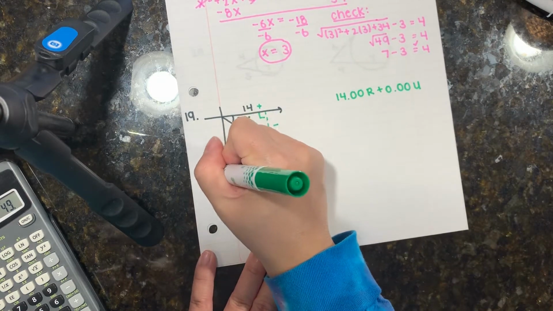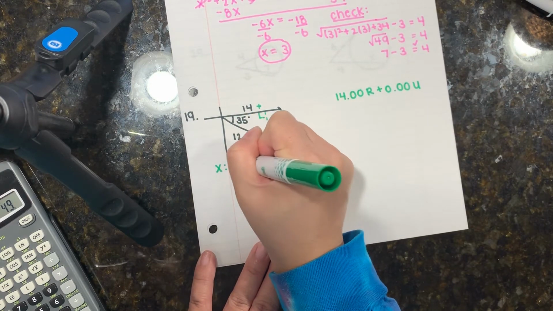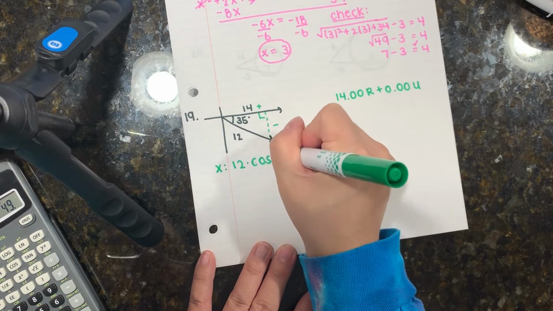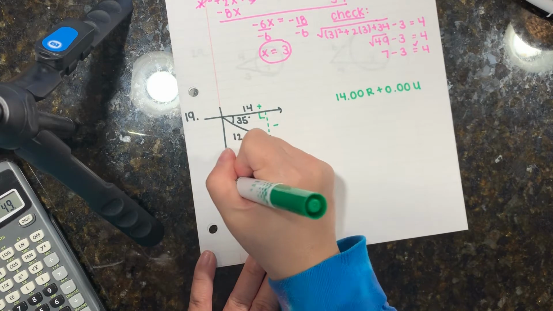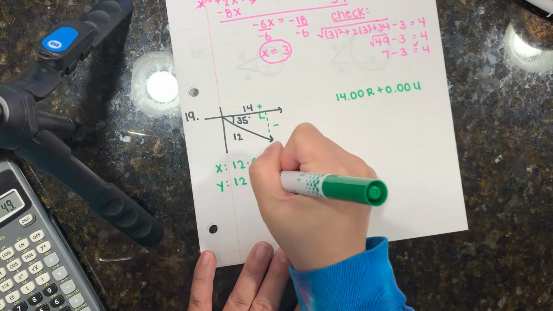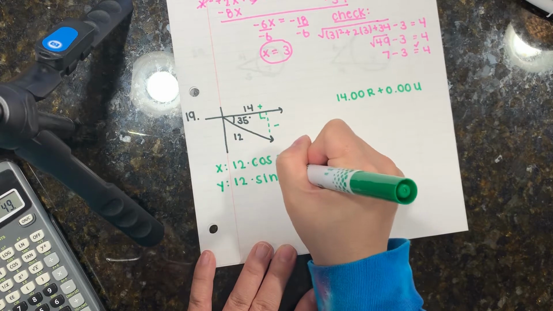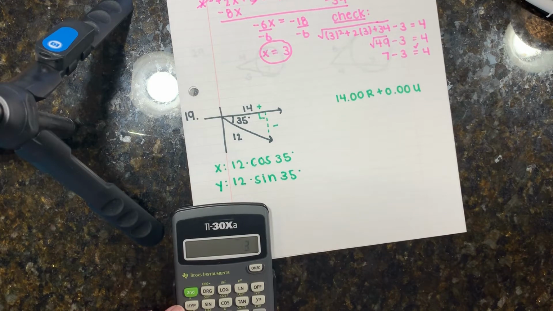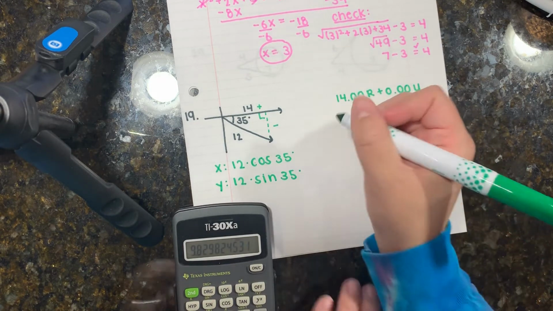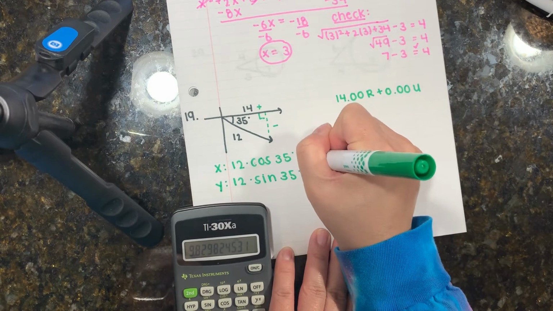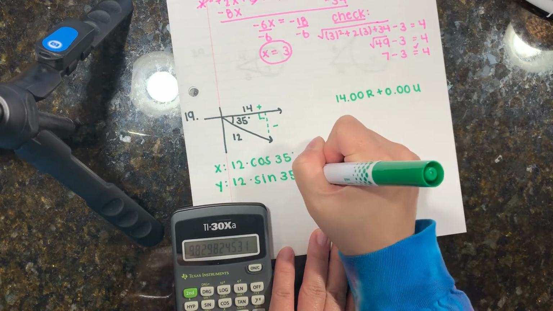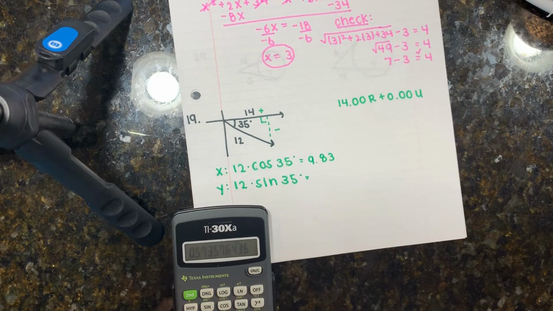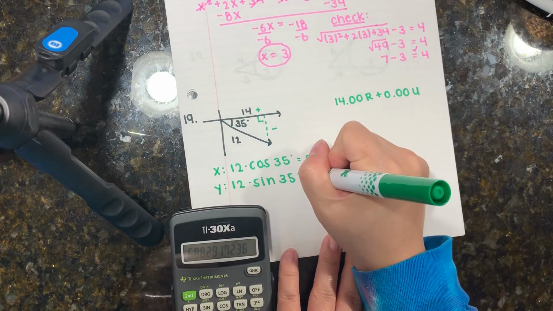To solve for r and u, we're going to use cosine for r, so 12 cosine 35, and then for u, you're going to use sine, so 12 times sine 35. You're going to use your calculator, so 12 times cosine 35 equals, and that would be 9.83. And then you're going to do 12 times sine 35 equals, and that would be 6.88.